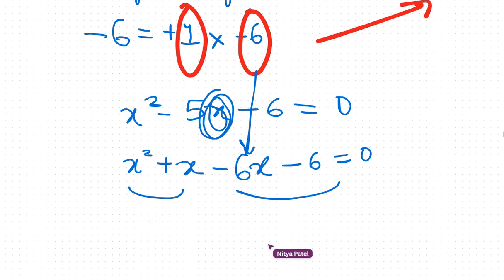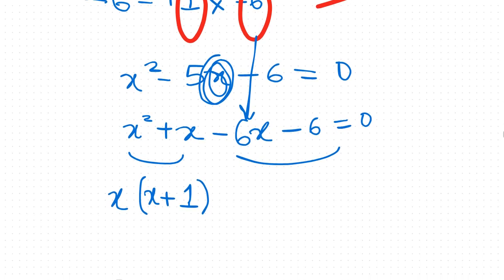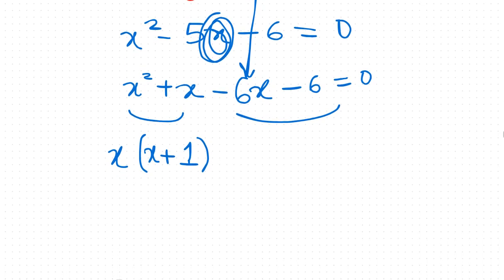From the first two, take x common: x bracket x plus 1. Next, from the other two terms, the greatest common factor is 6, or -6?